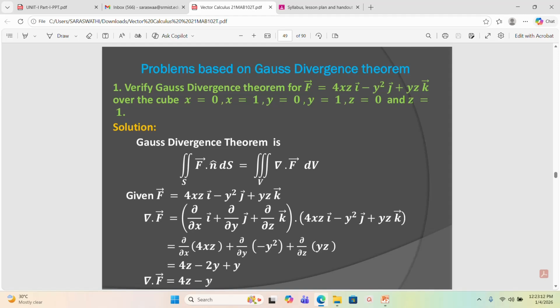Hence 4z minus y is the value of del dot f vector, which is the divergence of the f vector for the right hand side. Now we have to take the volume integral of this divergence of f vector, finding the triple integral, and the limits are given: x is equal to 0 to 1, y equal to 0 to 1 and z equal to 0 to 1.